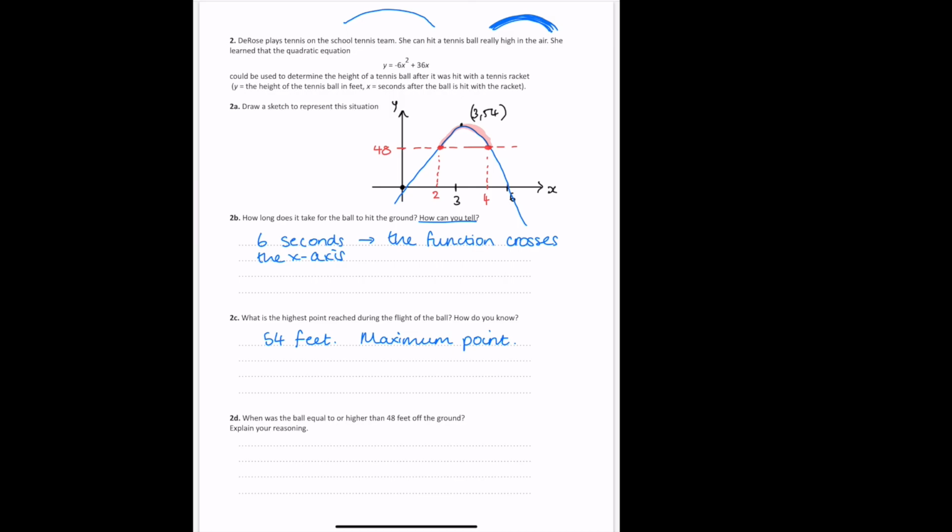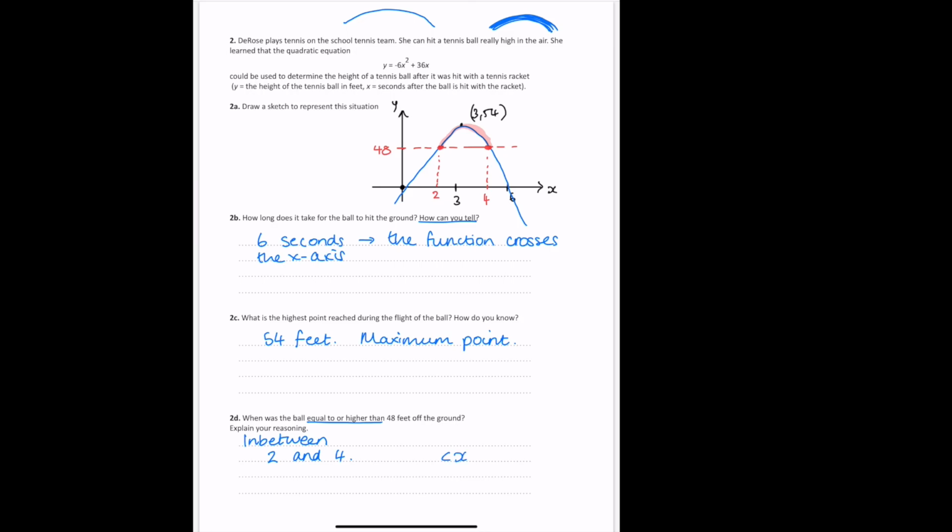So that tells us that there are 2 places. At 2 and 4, it's equal to 48, and in between 2 and 4, it's more than 48. It says equal to or higher than, so it's between 2 and 4.